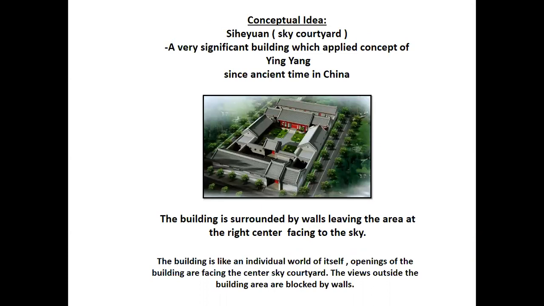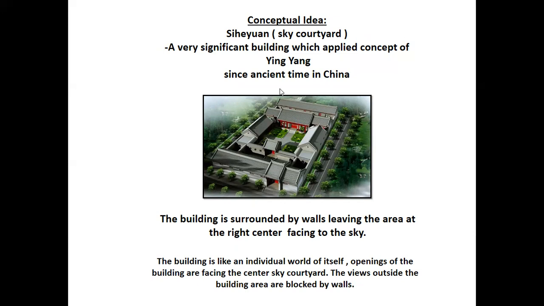Next is the conceptual idea. It comes from the Siheyuan, also known as Sky Courtyard, a very significant building which applied the concept of yin-yang since ancient times in China. The building is surrounded by walls, leaving the area at the center facing the sky.